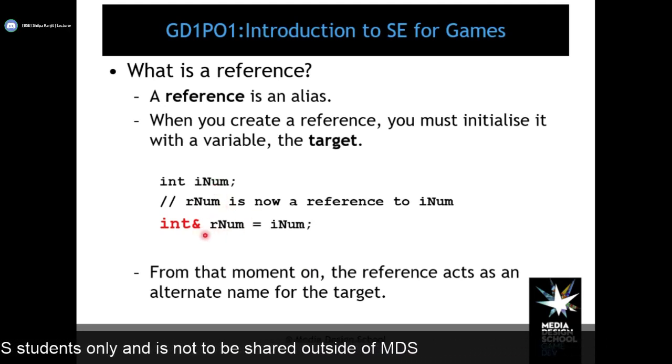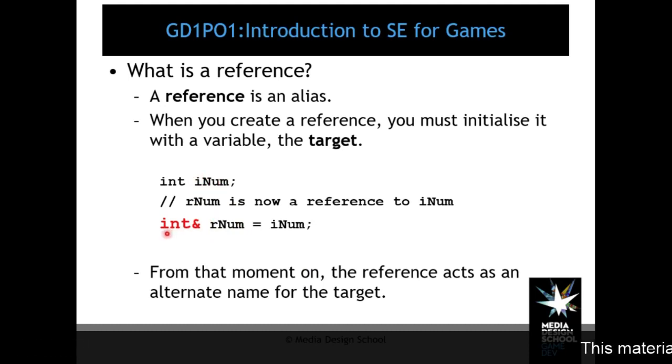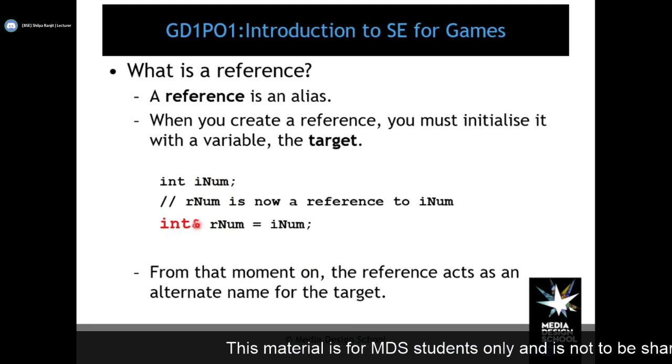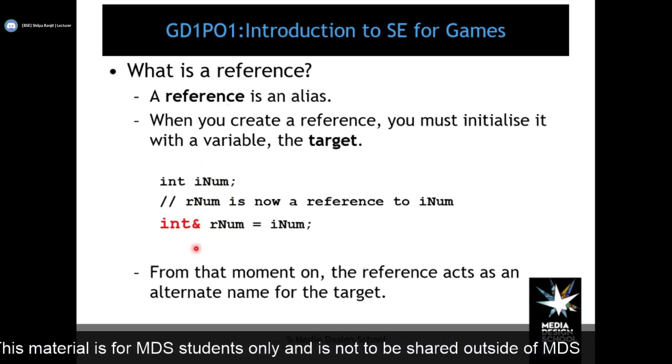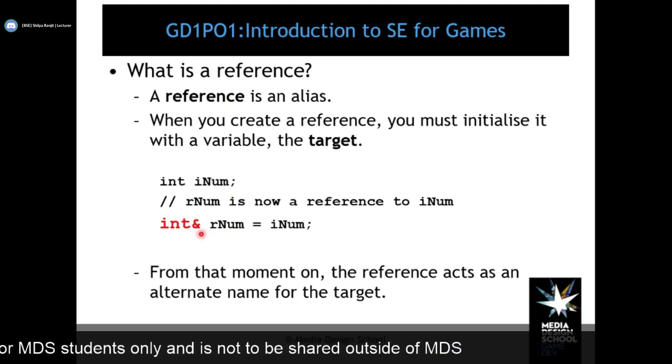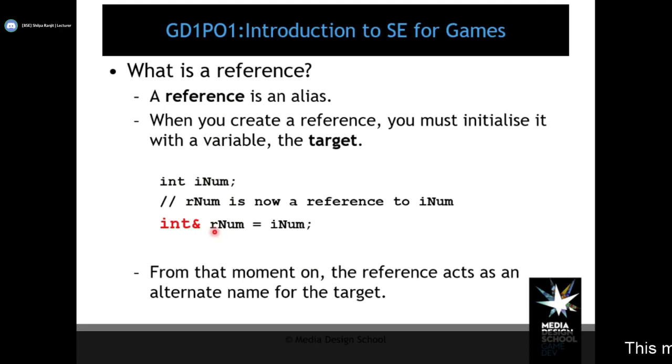So what I need to do is declare that this is a reference called rnum, which refers to the same variable inum. And for that, I'll be doing int ampersand. All right. So ampersand is the main point over here. This ampersand at the point of declaration tells the compiler that this is a reference to something else. And now since I'm creating a reference to the integer variable, I'll have to declare it as int ampersand, or int reference.